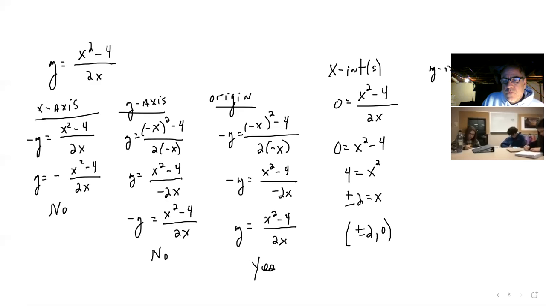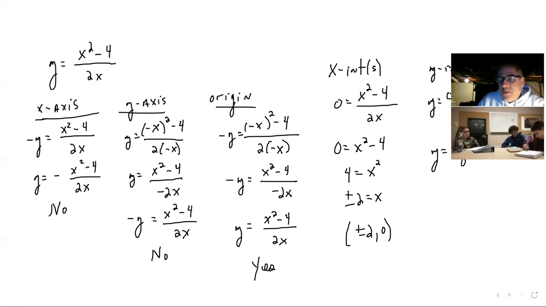Y-intercept, or intercepts, let x be 0. So this one's going to be a little easier. Now that's going to end up giving me negative 4 over 0. And what is that? It's not just -4. Nope. Undefined. It's nothing. All right.